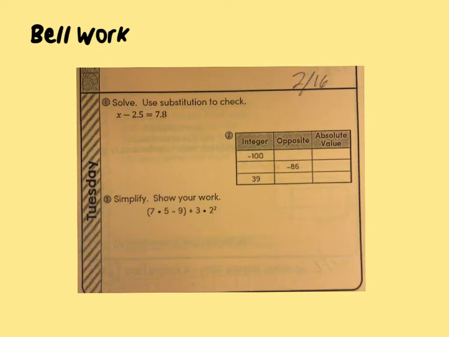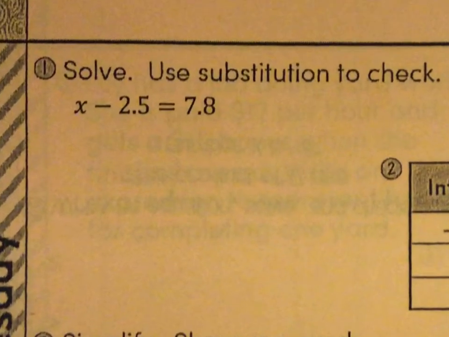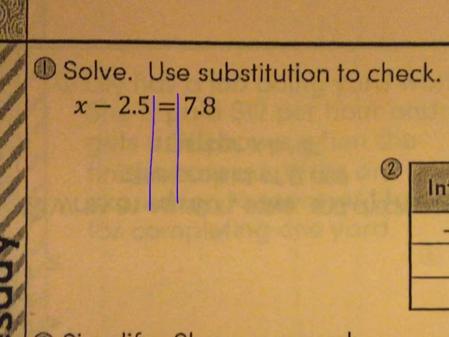Okay, so here is your bell work. This should be fairly simple. There's only a couple of questions on here. It says use substitution to check. Again, this is a good review. This is what we talked about last week: we want to get that variable by itself, so we're going to do inverse operation. That leaves us with x here. We are going to add 2.5 here.